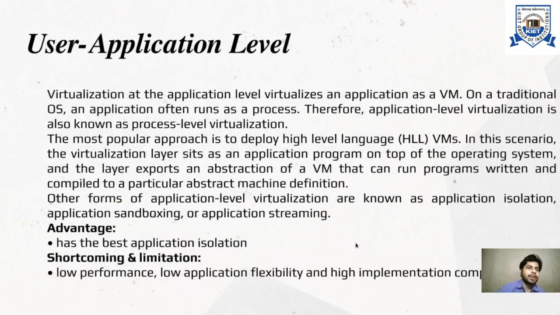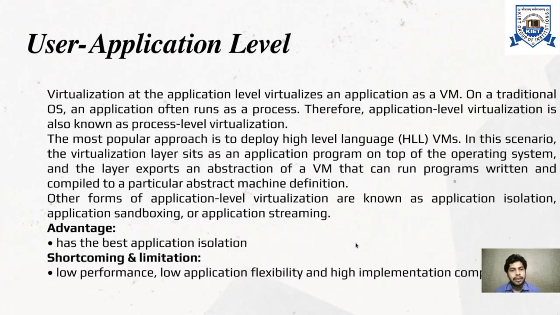The last one is user application level. Virtualization at application level virtualizes an application as a virtual machine. On a traditional OS, an application runs as a process, right? Therefore, application level virtualization is also known as process level virtualization. The most popular approach is to deploy high-level language virtual machines.